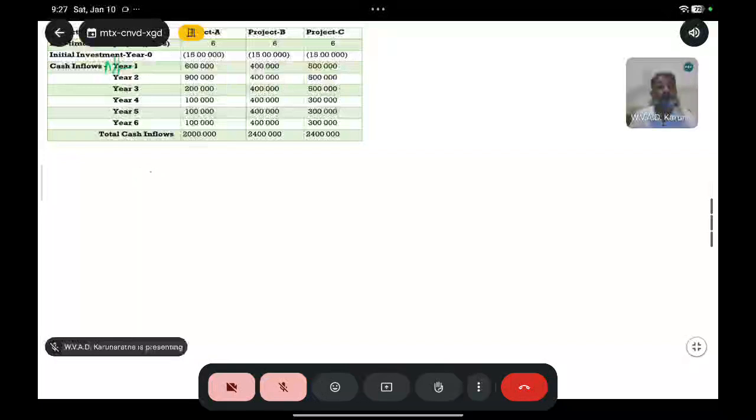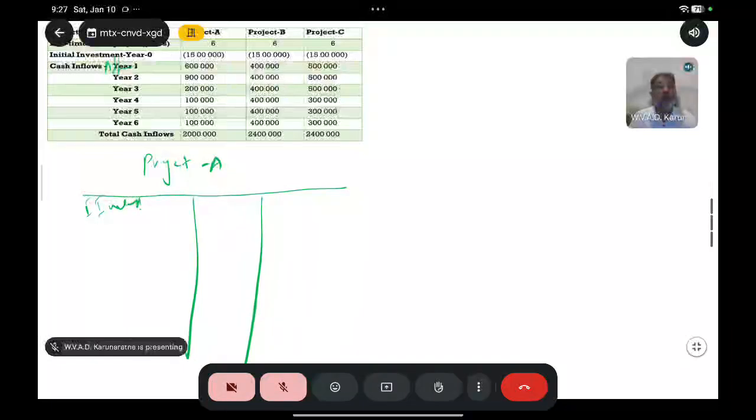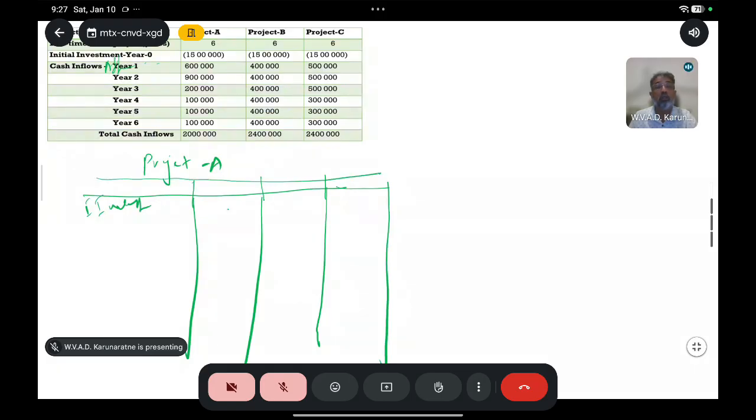Now, if you take project A, in order to calculate the payback period, the initial investment is 15 lakh.